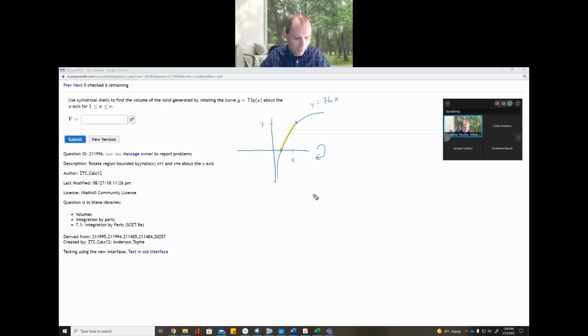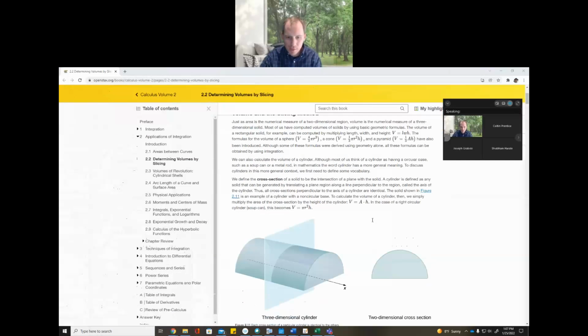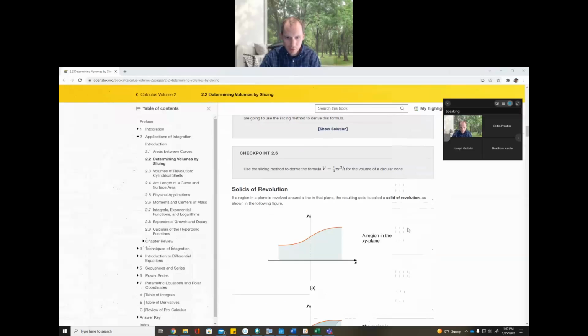Before we get into doing this one, what I want to do is maybe really quickly just go over the difference between using the method of cylindrical shells, which it says to use in this problem, and the method of discs and washers. So I'm just going to pull up our book really quickly, just so that we can see a difference in setups a little bit.